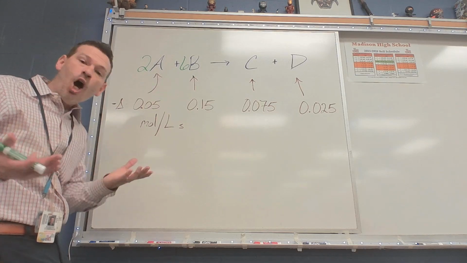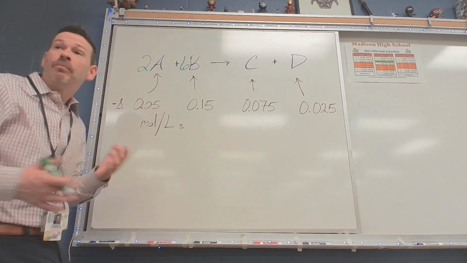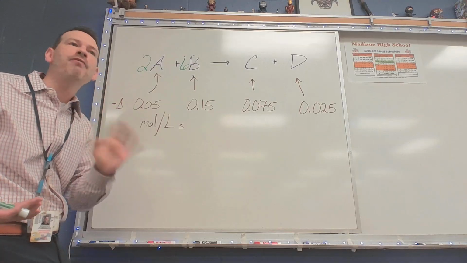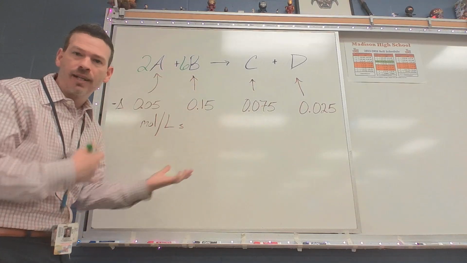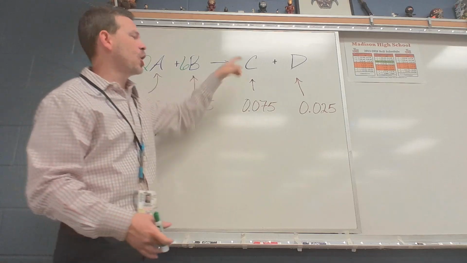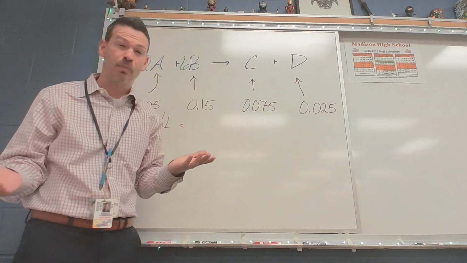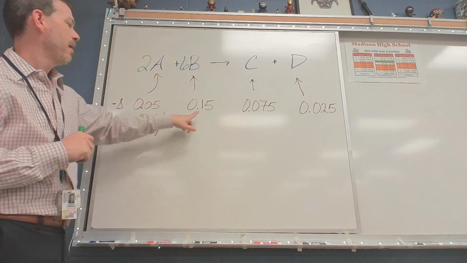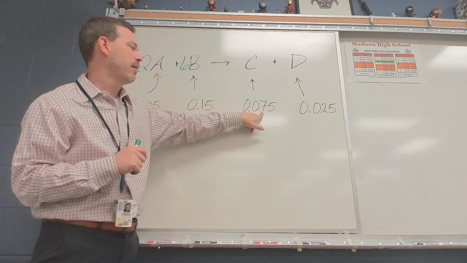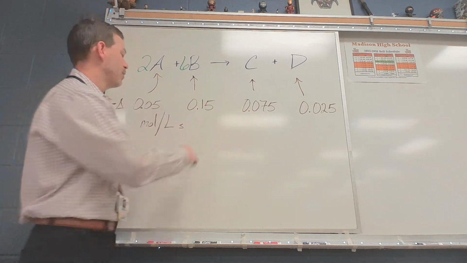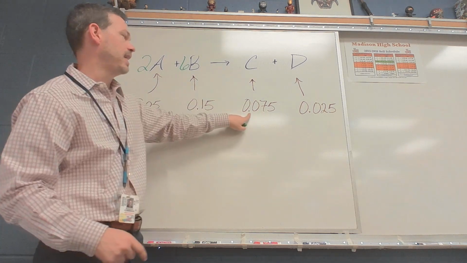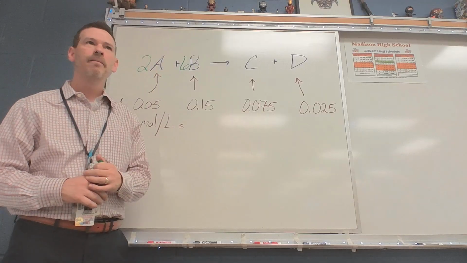Now, I don't want you to think, oh, so you just compare everything to A? You can, but you don't have to. Everything talks to everything. So to find this coefficient, let's do B and C just to prove it. Look at these two numbers. Now again, calculator's your friend, or if you slide the decimal twice, it becomes 15 and 7.5.